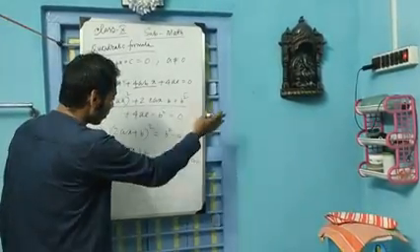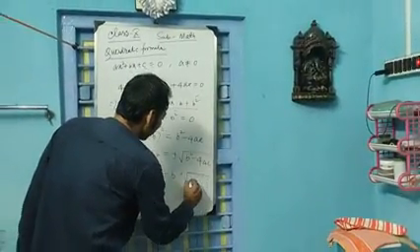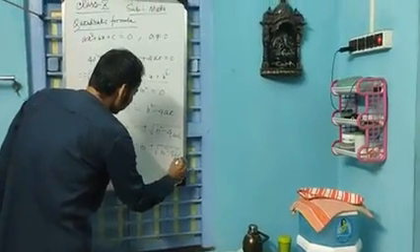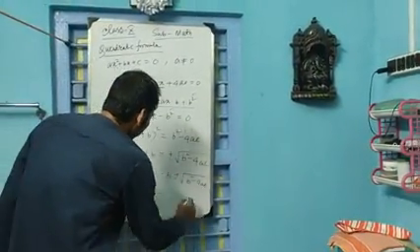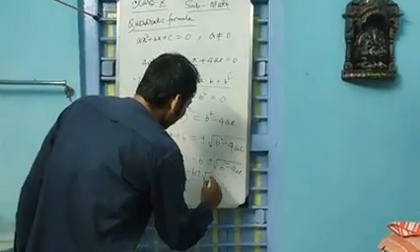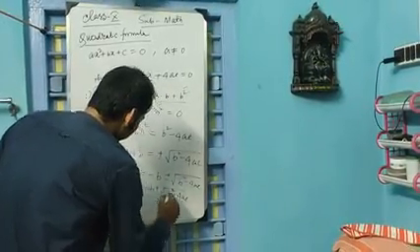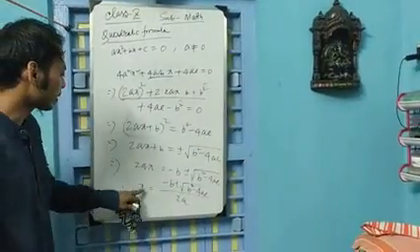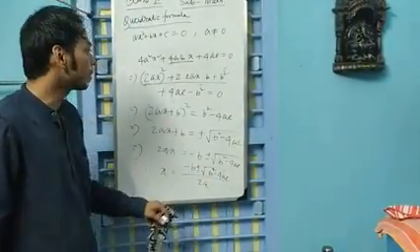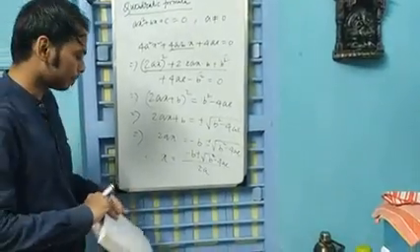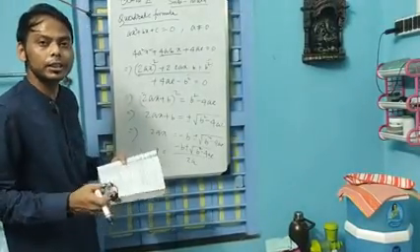Whenever you move the b to the RHS, you get 2ax = -b ± √(b² - 4ac). Therefore, finally, we get x = (-b ± √(b² - 4ac)) / 2a, which is the quadratic formula.